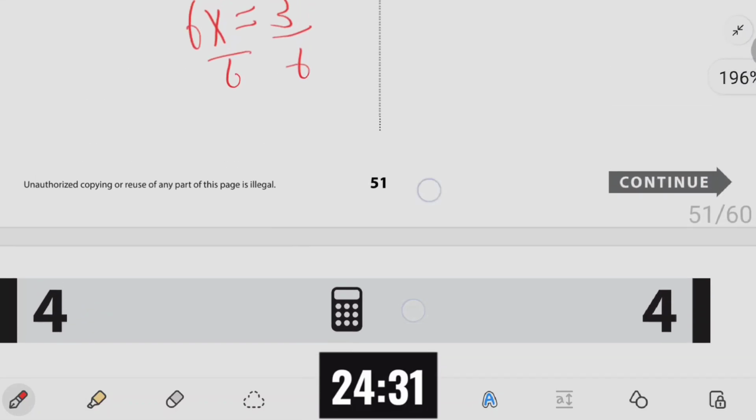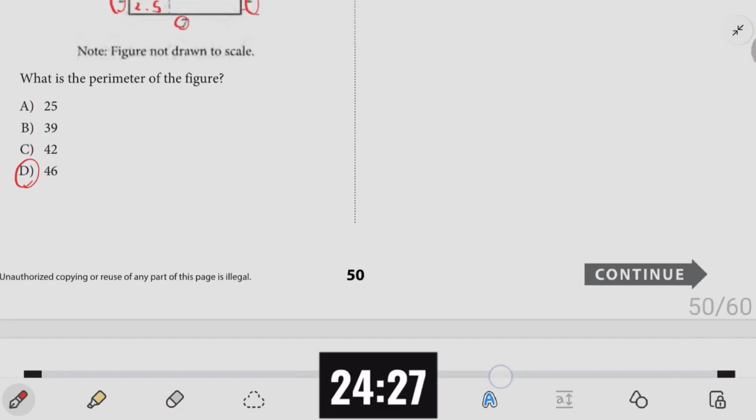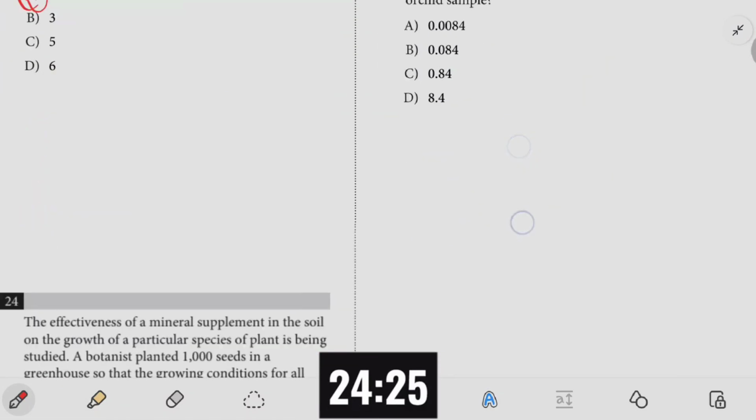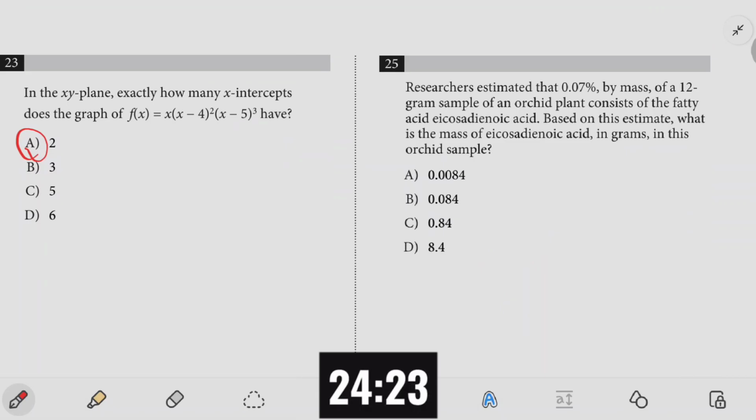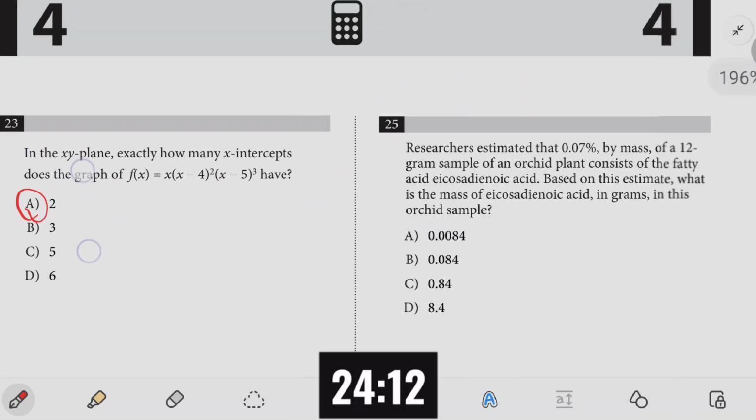Oh god, I'm running short on time. I think it's 2, because that's what my graph is saying.